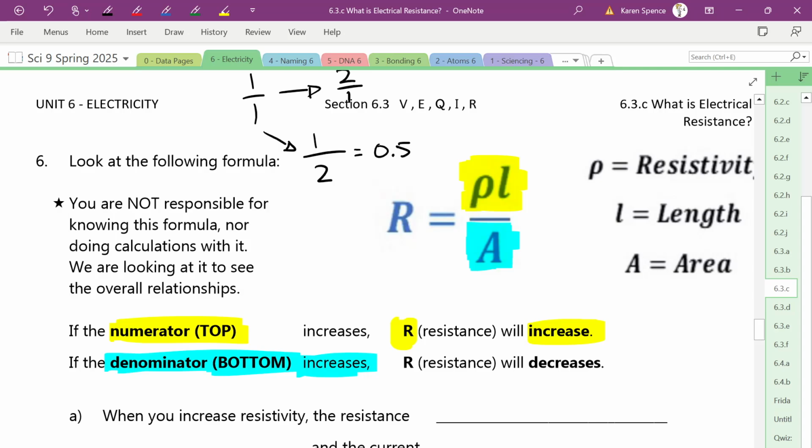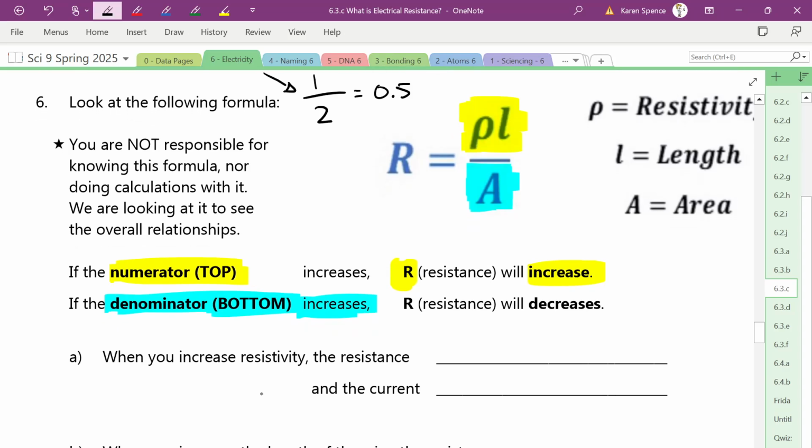So when you increase resistivity, the resistance does what? If you increase resistivity, the resistance increases. What will happen to the current?